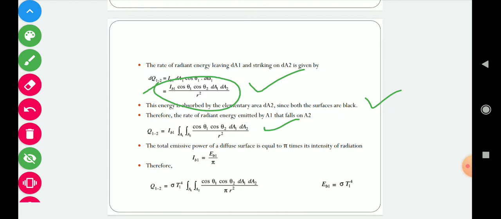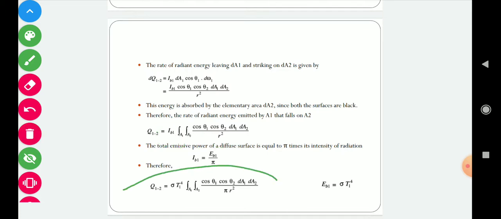Now the total emissive power of a diffuse surface is equal to pi times its intensity of radiation. So this intensity I b will be equal to E b1 upon pi. If we replace this I b with the help of this equation, then this equation can be written in this form.